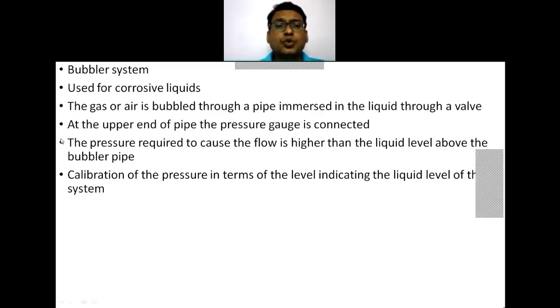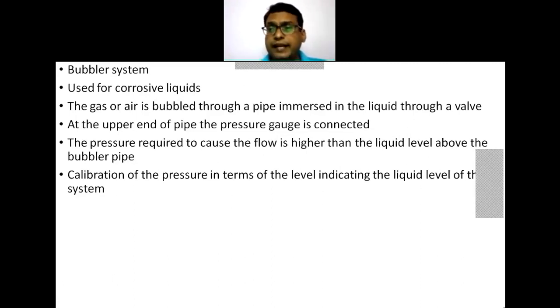So these are used for corrosive liquids. The gas or air is bubbled through the pipe immersed in the liquid through a valve. At the upper end of the pipe, the pressure gauge is connected, which is going to measure the pressure. At the upper end.